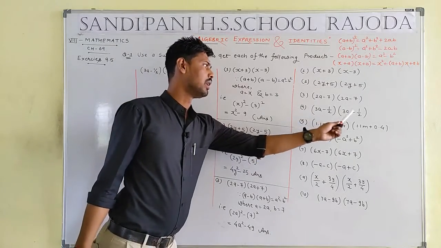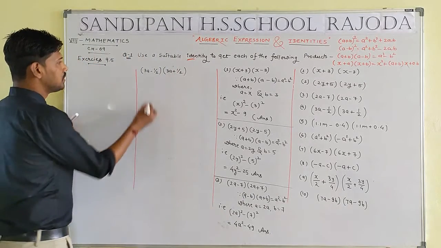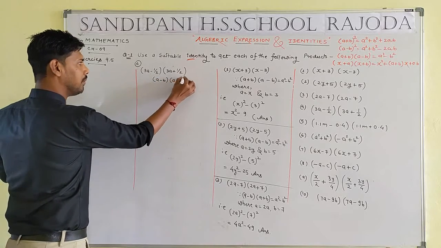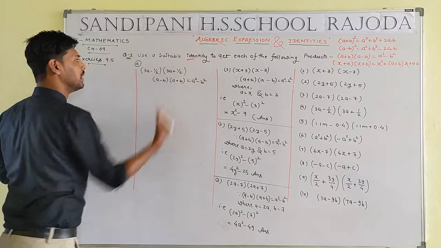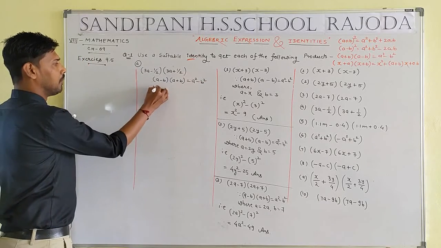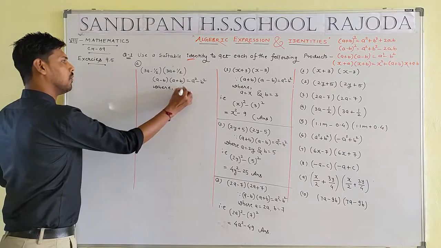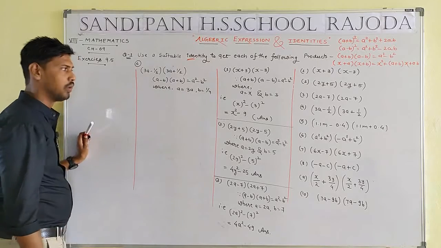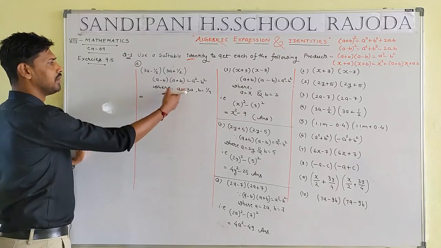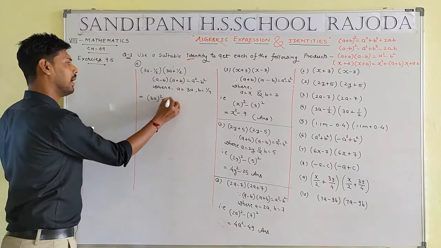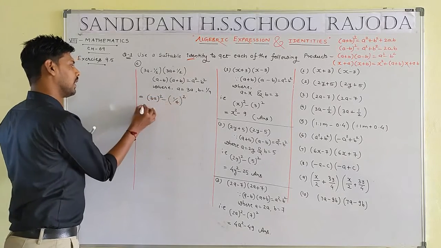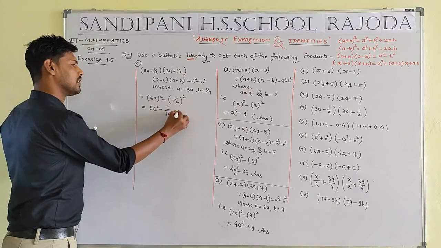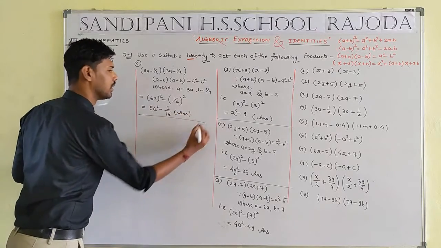We use the property (a minus b)(a plus b) will be equal to a square minus b square, where a will be equal to this and b will be equal to 1 by 2, such that by use of the identity we can write a square minus b square. 3 threes are 9, 1 one is 1, 2 twos are 4. That is a perfect result for question number 4th.